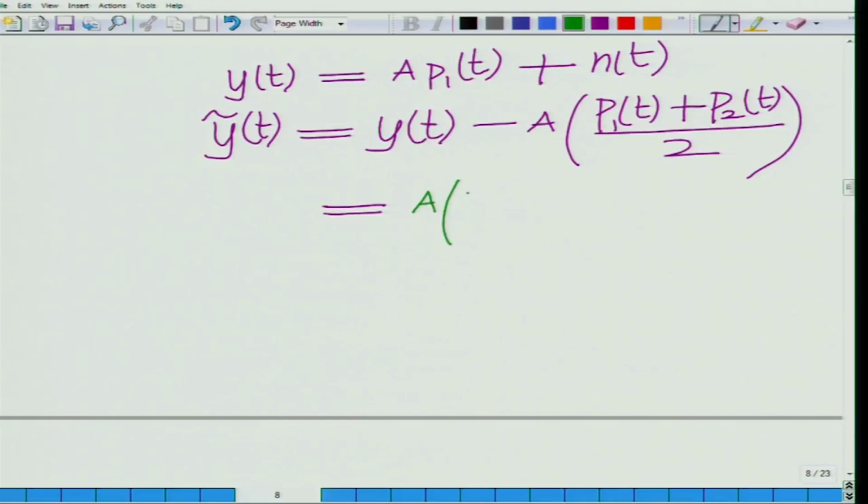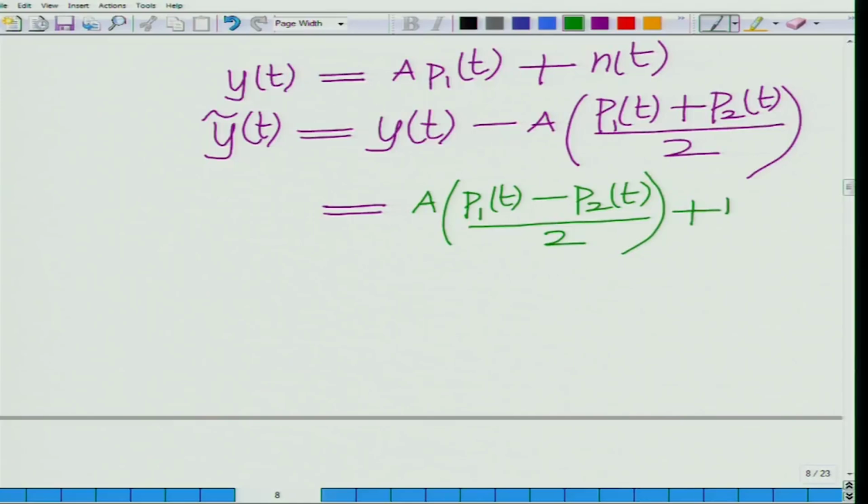This is equal to A times (P1(t) minus P2(t)) divided by 2 plus N(t).